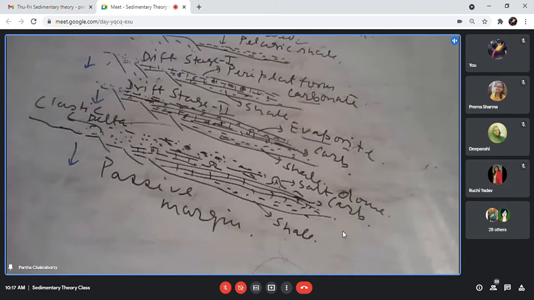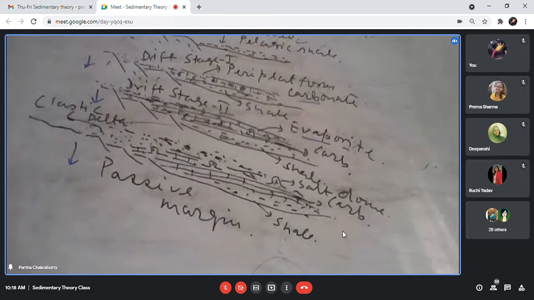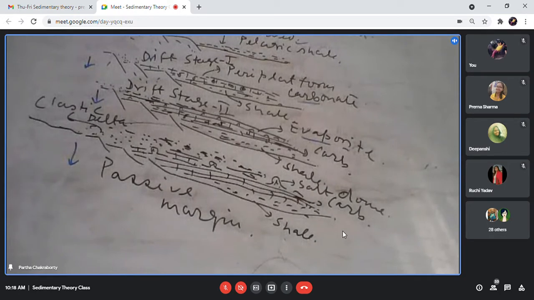So if we start from the top, what is being shown is the likely sedimentation pattern. We have already discussed the rift, then drift, and the passive margin formation. If you see the Indian Craton, and if you think of our east coast, this east coast was part of Gondwanaland, also the west coast. The east coast was part of Gondwanaland, and we all know it was associated with Antarctica, Madagascar, Australia.